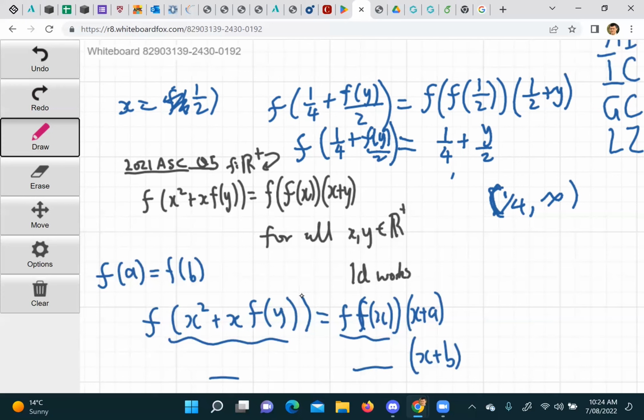The fact that it's positive. You can factorize the left. Positive y. Oh yes. Definitely.